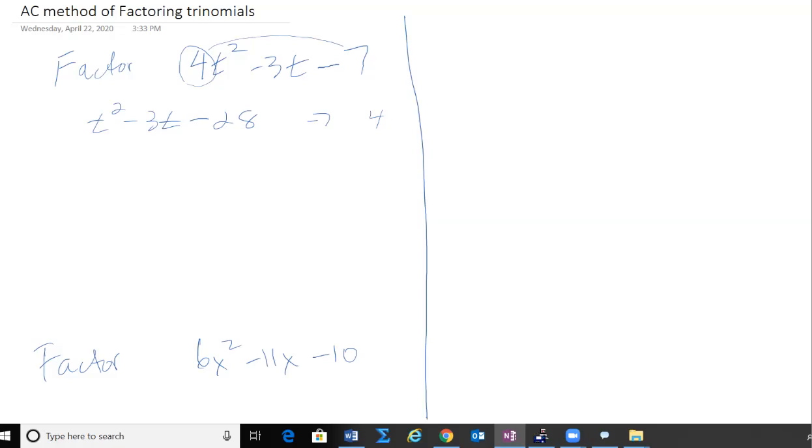Now, what do you do with those? Well, you come back over here and you write t minus 7 and t plus 4. So that's where they go. Now, because we had altered this and made this 28 and lost the 4, here's what we have to do to fix it. We have to take that t minus 7 and put the 4 back under here.